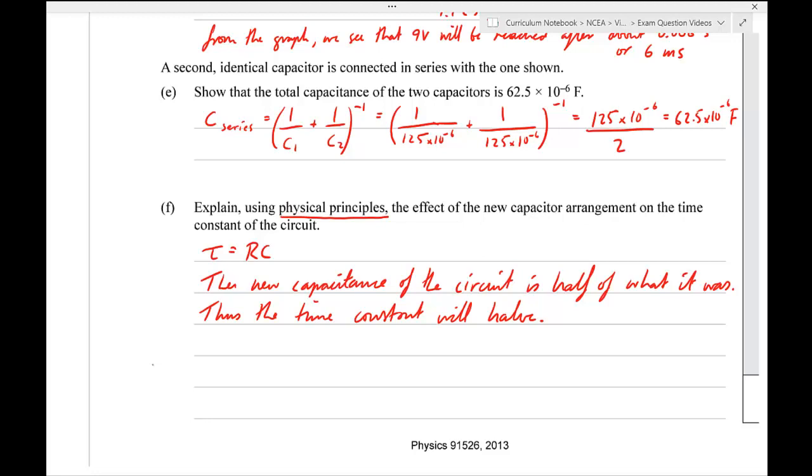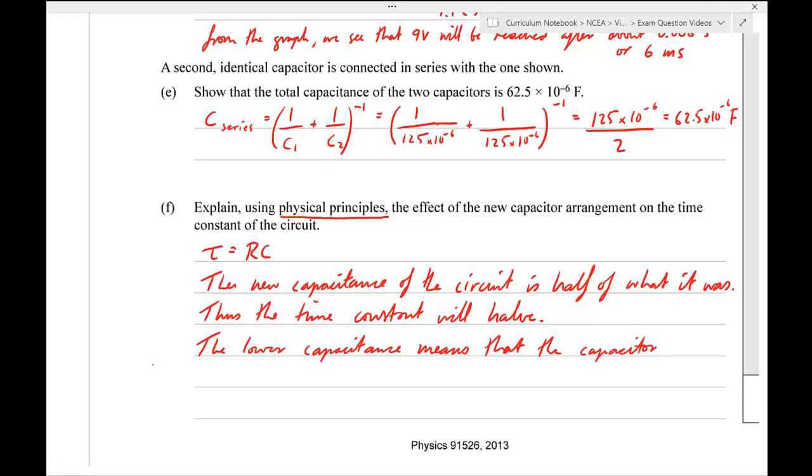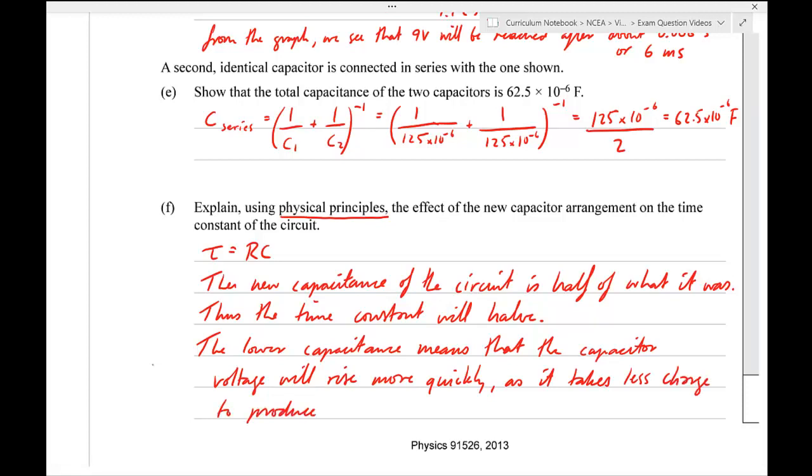So the lower capacitance means that the capacitor voltage will rise more quickly as it takes less charge to produce the same voltage. Because V is equal to Q over C.